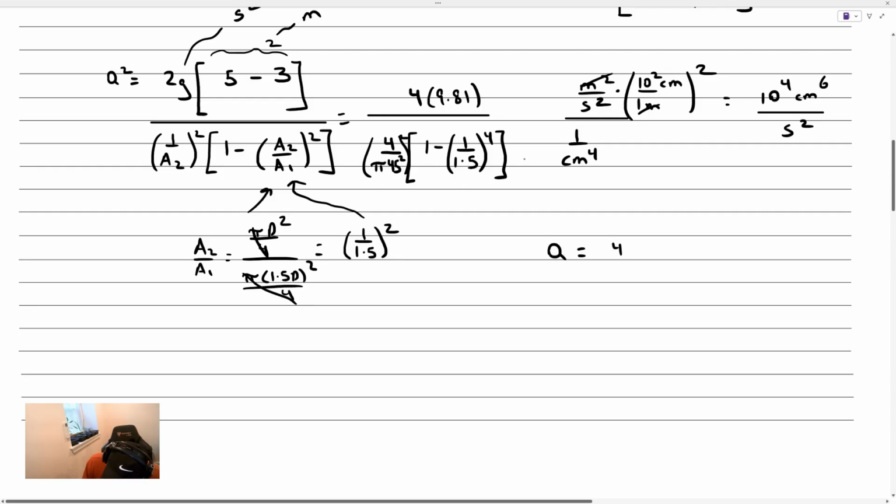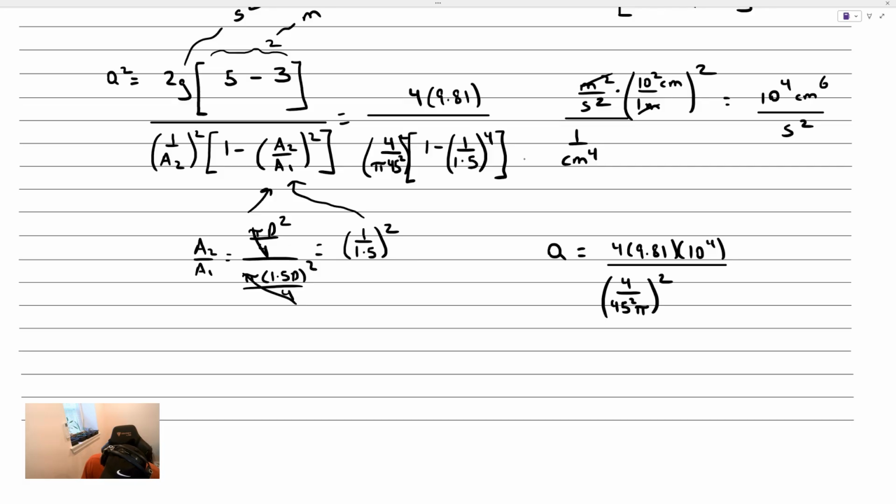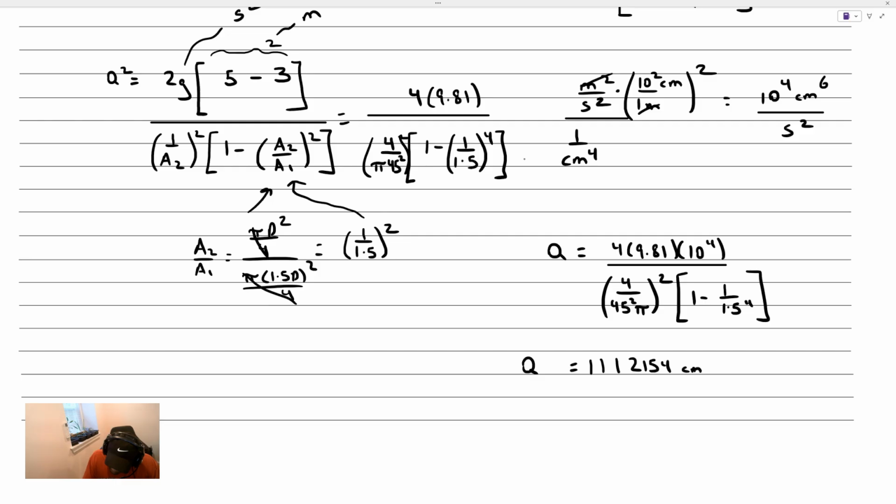So our Q term is just equal to 4 times 9.81 multiplied by 10 to the 4th. We're going to divide that by 4 over 45 squared pi. We're going to square this entire thing and multiply by 1 minus 1 over 1.5 raised to the 4th. What I end up getting here is that's measured in cubic centimeters per second.